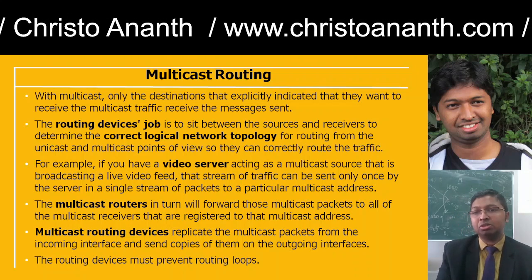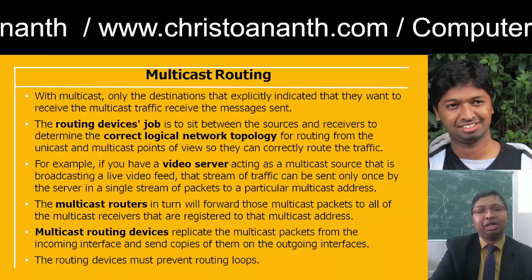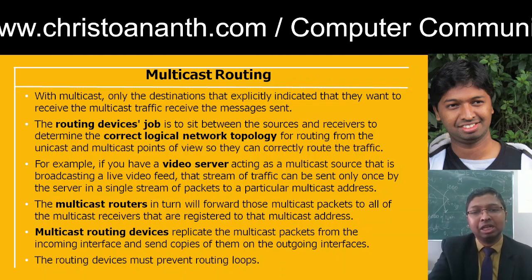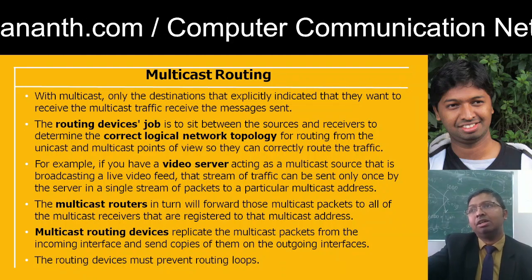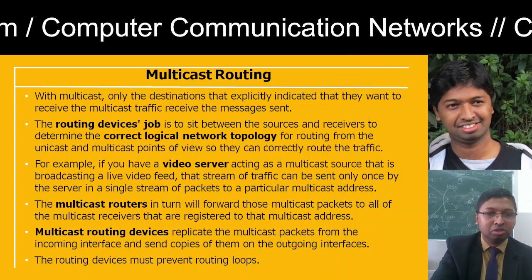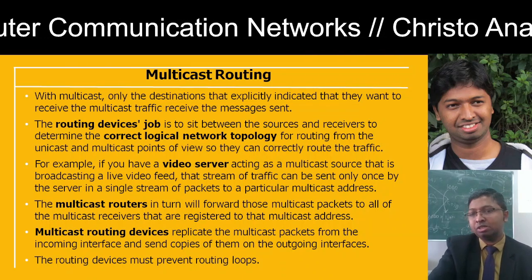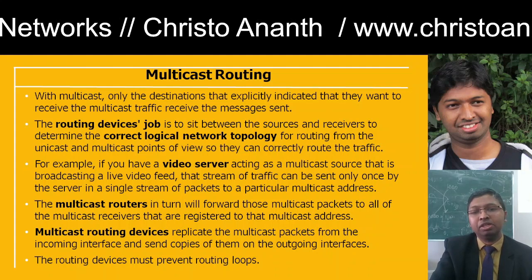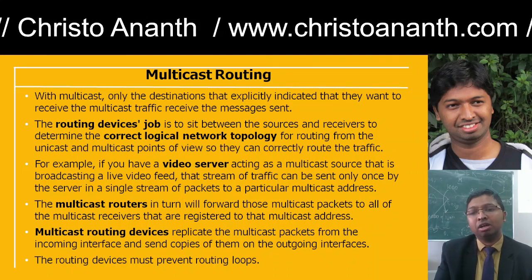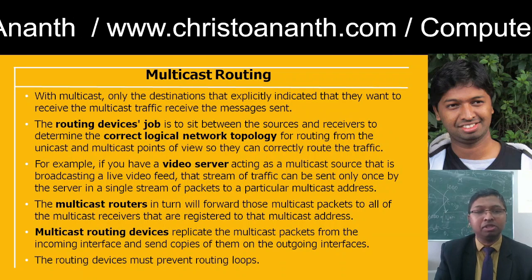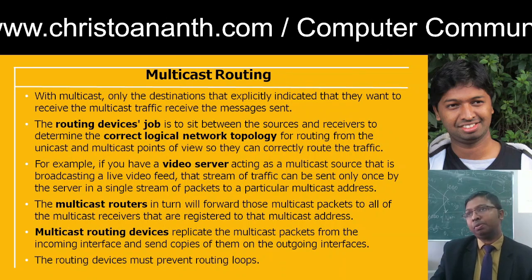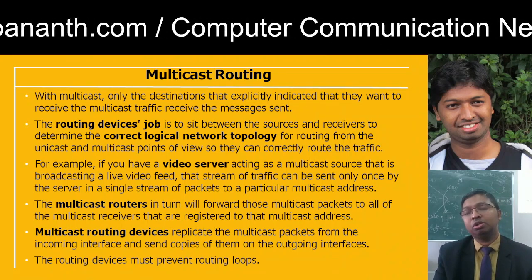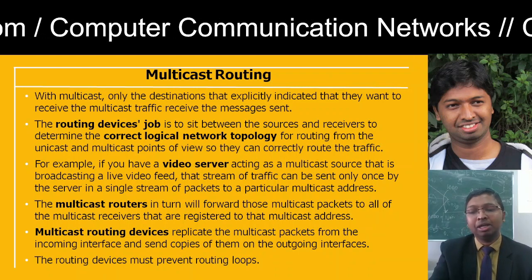The multicast routers will forward these multicast packets to all of the multicast receivers registered on the multicast address. The multicast routing devices will replicate the multicast packets from the incoming interface and send the copies on the outgoing interfaces. It will also prevent routing loops, and that is the function of multicast routing.